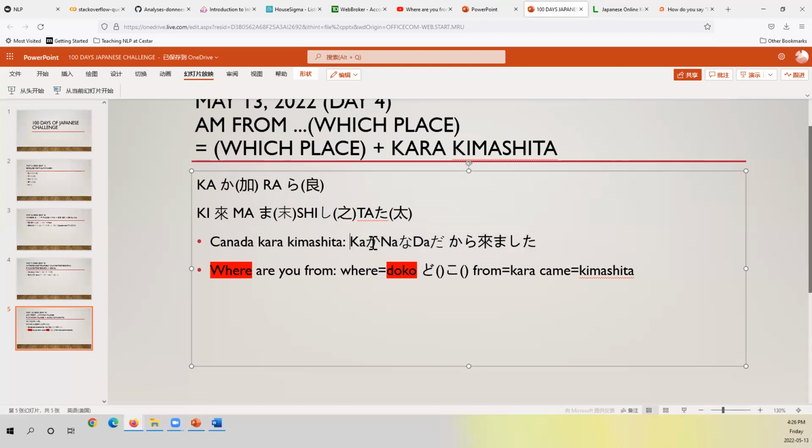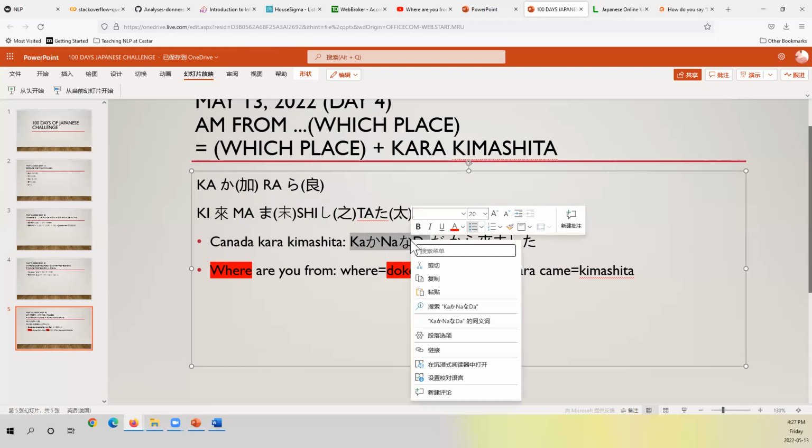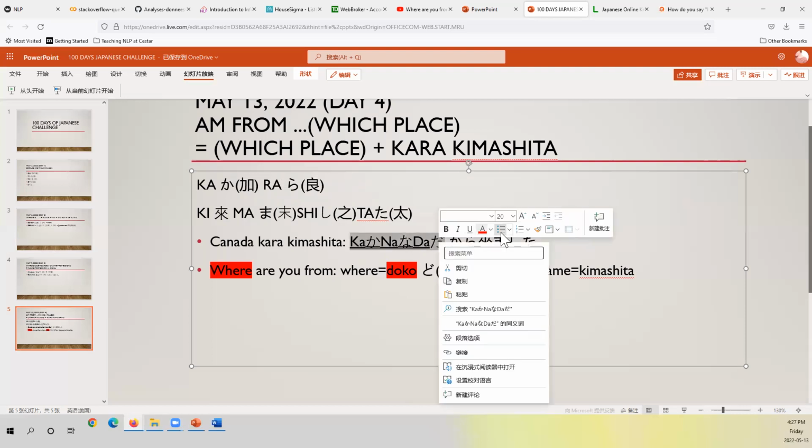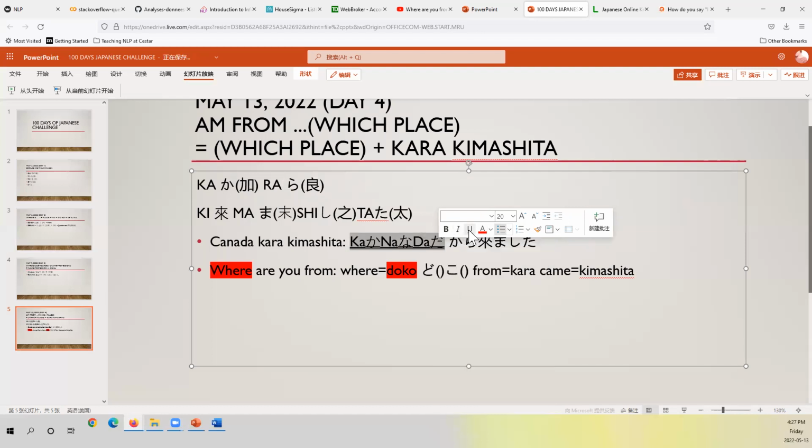If we put an underline, this is the place that you're coming from over here, all the way up to here, which is Canada.